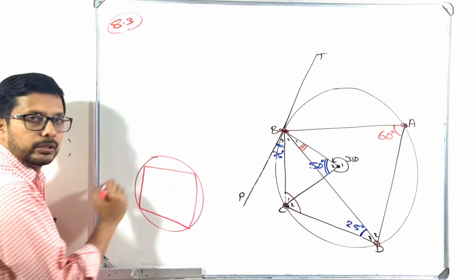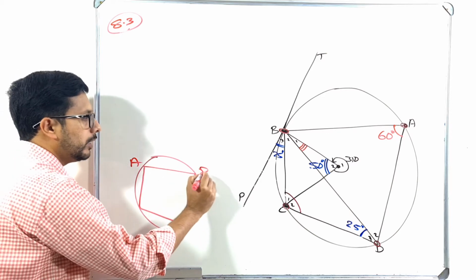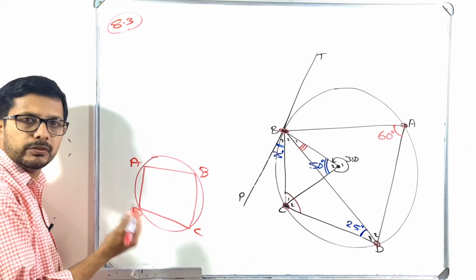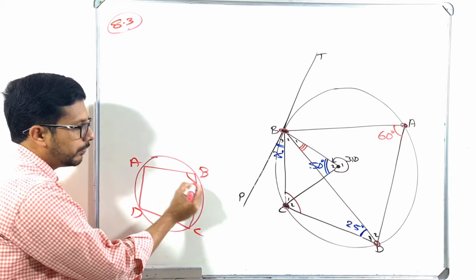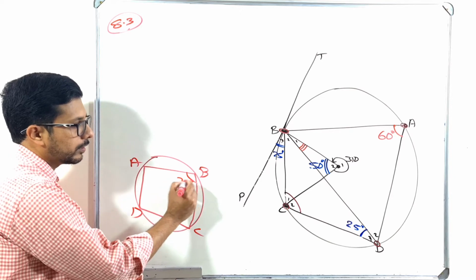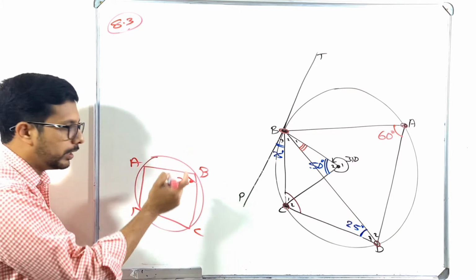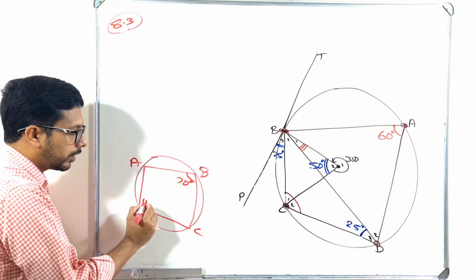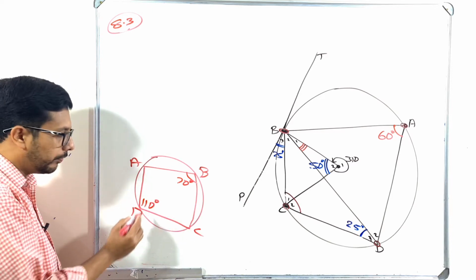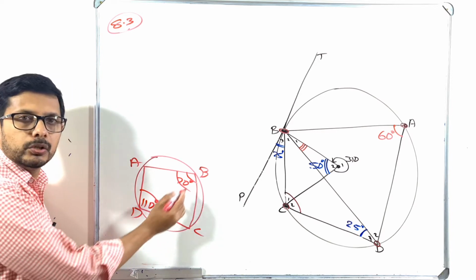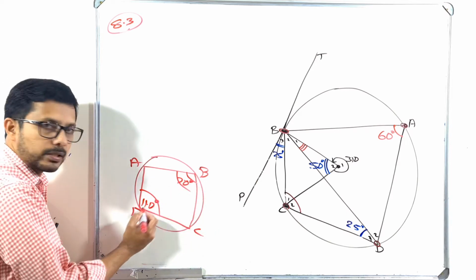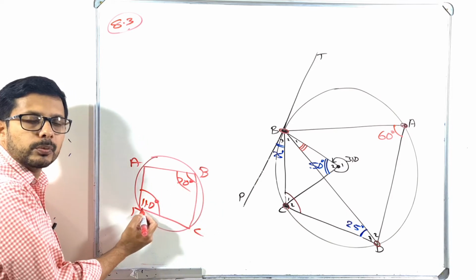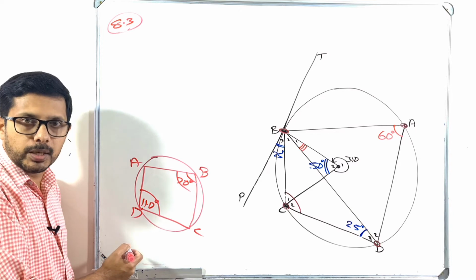You know, in a cyclic quadrilateral, let's say this is a cyclic quadrilateral A, B, C, D. I'm just giving another example. If this one is 70 degrees, then here it is 110 degrees. Why? When you add these two opposite angles, you are supposed to get 180, supplementary.